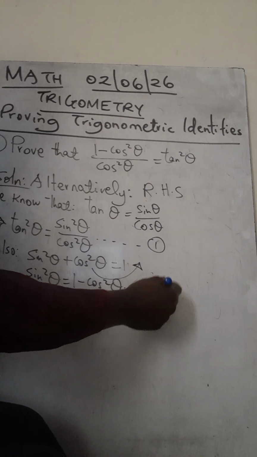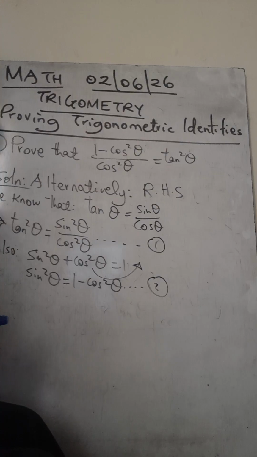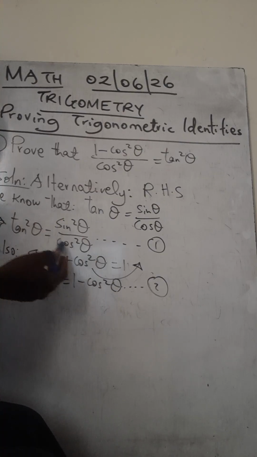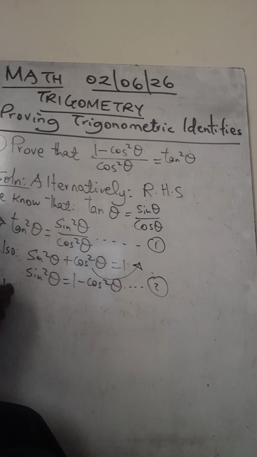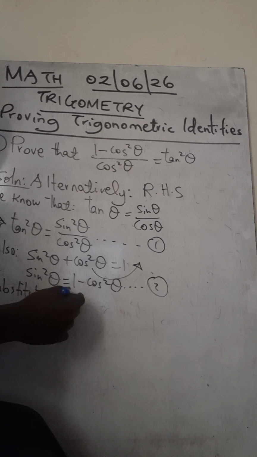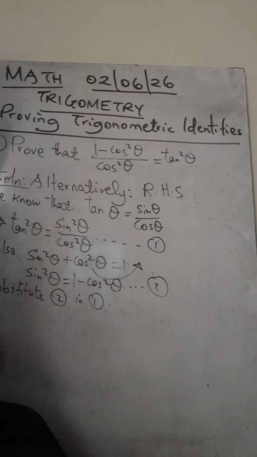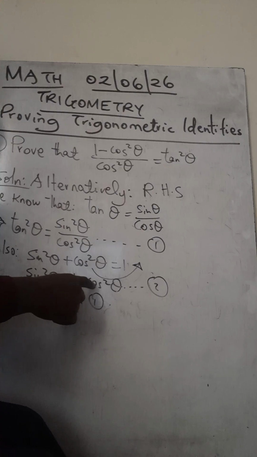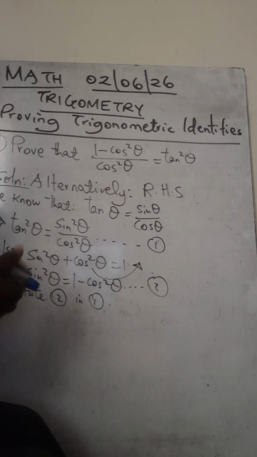Let this one be equation 2. So we pick this part, we substitute here. Substitute 2 in 1. Where there is sine squared of theta, put there 1 minus cosine squared of theta.